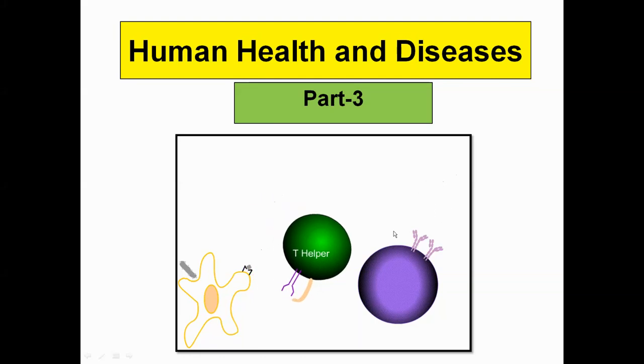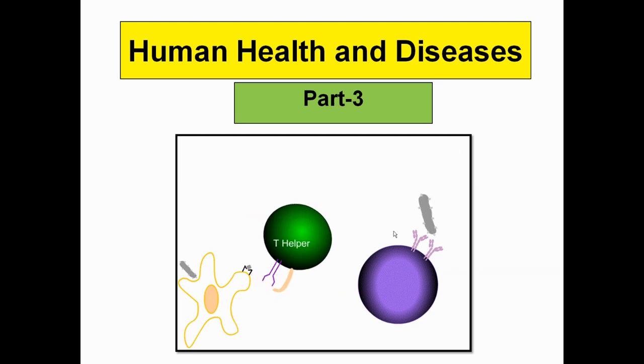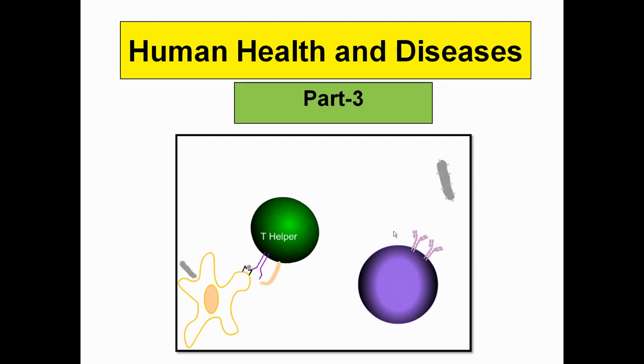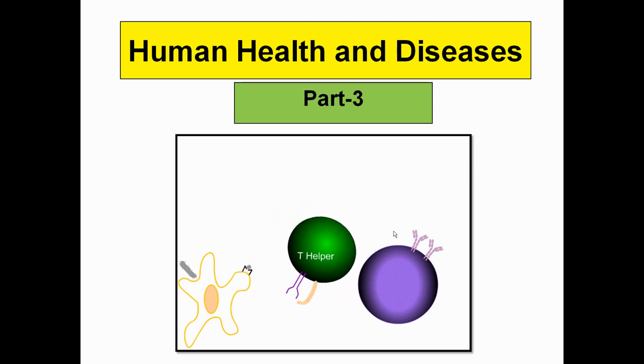Good morning, students. We are going to continue chapter 8 of NCERT, that is Human Health and Diseases. Up to now, we have discussed many diseases, especially the infectious ones.